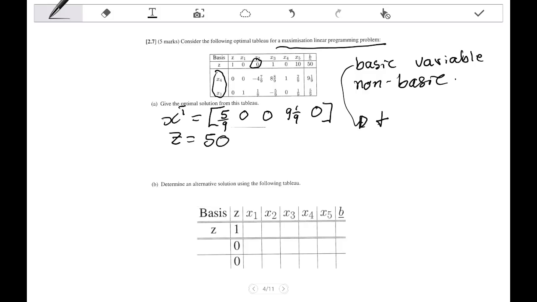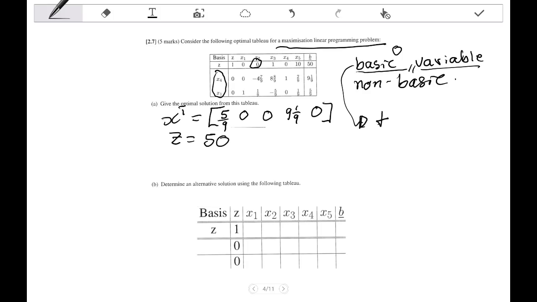Then we have x2. The basic variables actually all have a 0 coefficient on the objective function. So we have x2 here, which also has a 0 on the objective function, but it's not a basic variable.